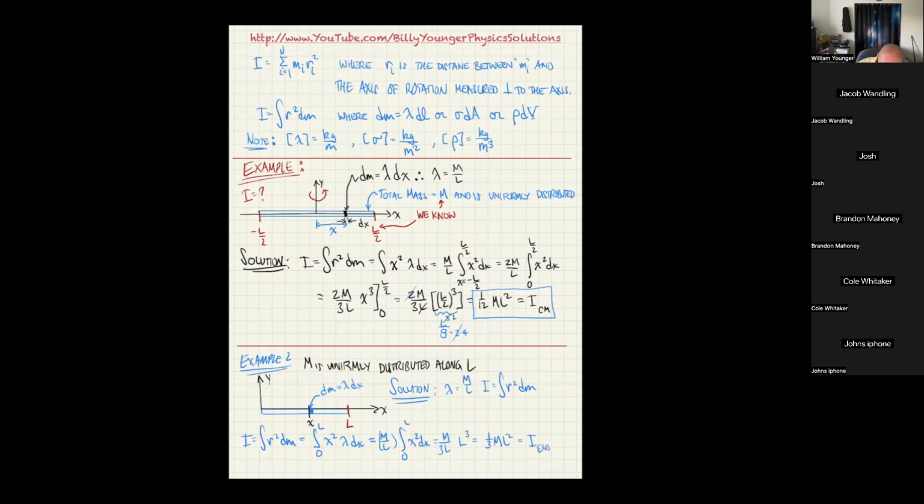If you look, there's a table in your book, and you'll see that both of these values are exactly the right answer according to that table. That's helpful.